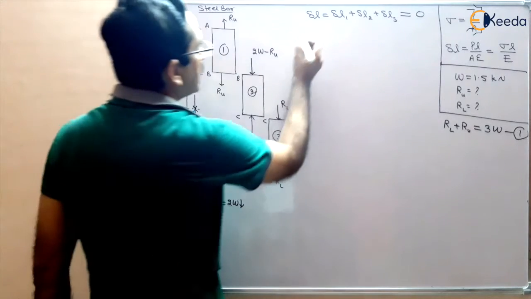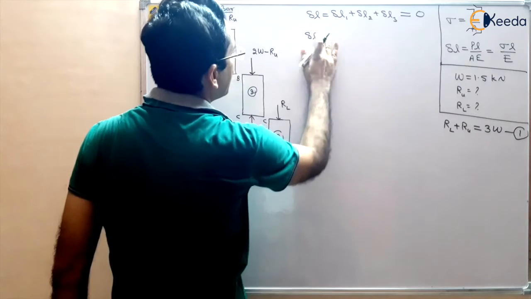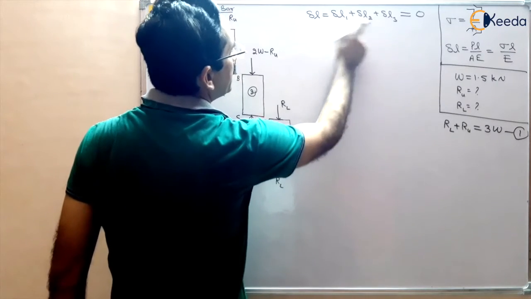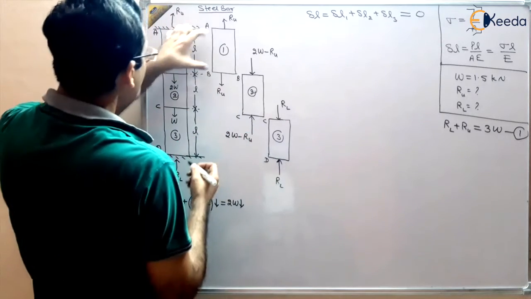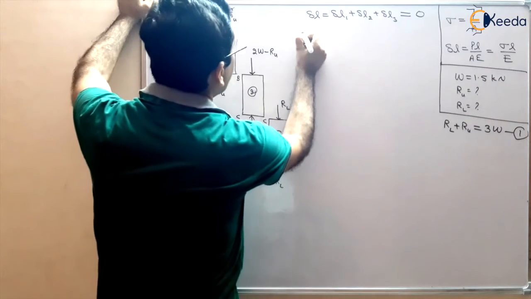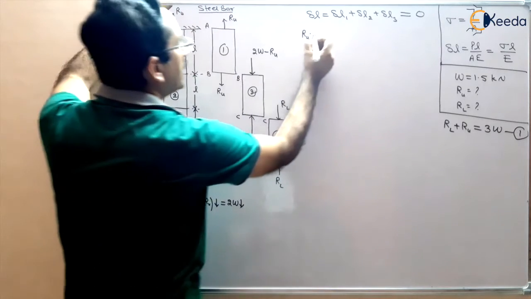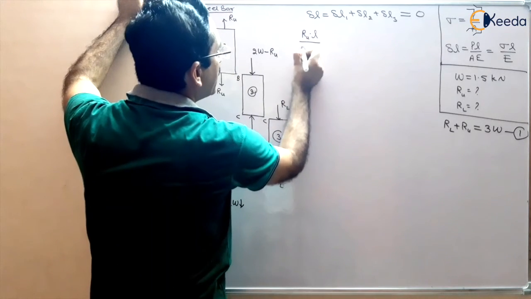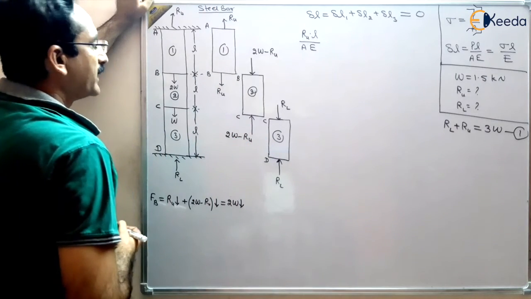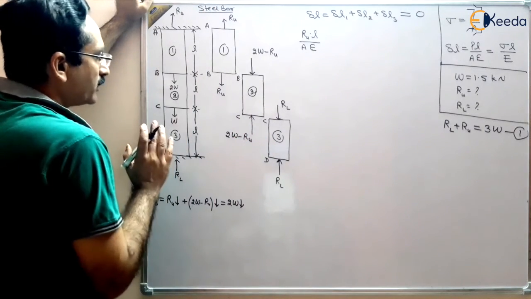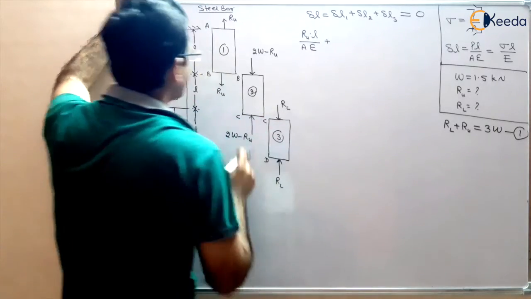So delta L must be equal to delta L1 plus delta L2 plus delta L3. So delta L1, force in this is RU multiplied by length, which is the same, L, upon area, which is also the same, and E is also the same. So RUL by AE, A and E are same for all the sections, plus delta L2.